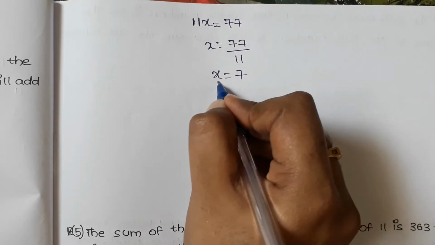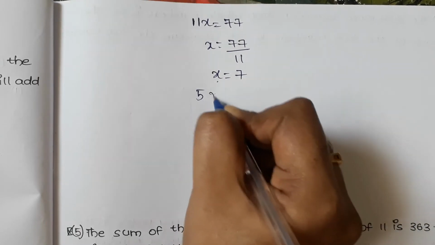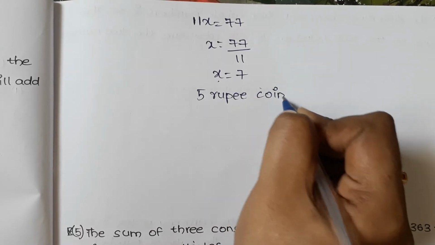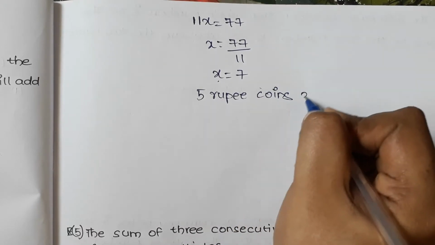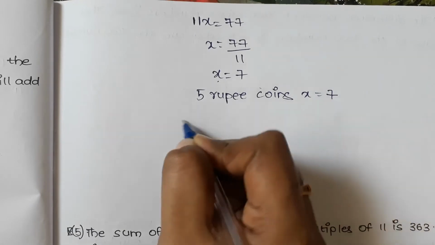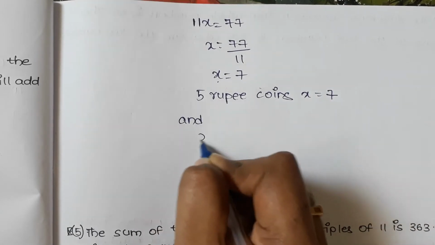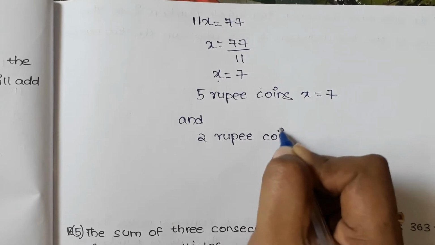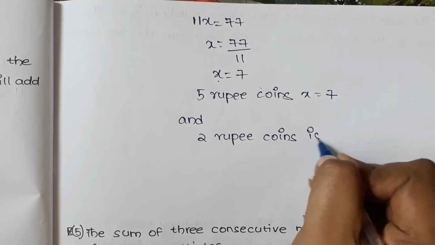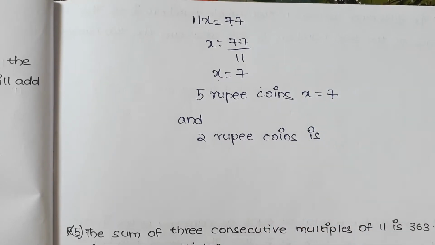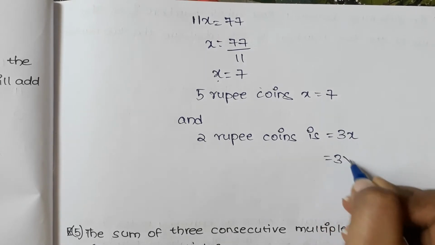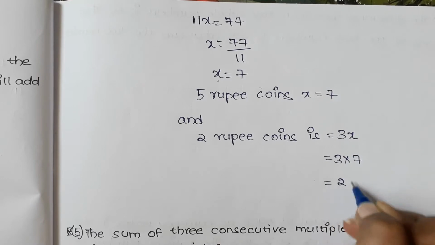X is nothing but the 5 rupee coins. That is x equals 7, and he has 2 rupee coins equal to 3x, that is 3 into 7, that is 21.